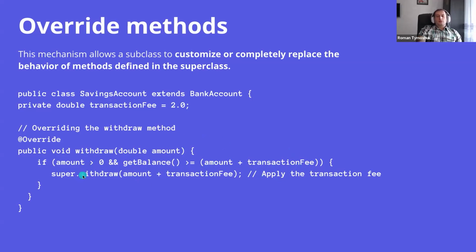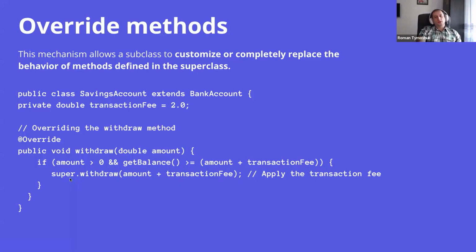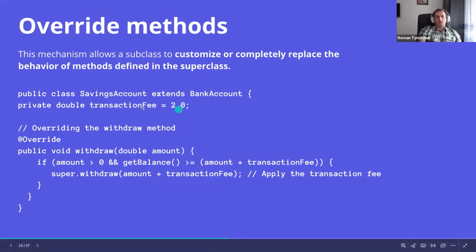But nevertheless, we can reuse the logic from the parent class. Here, we are validating in a different way, and we are calling the super method. The super method actually points to the implementation of the withdraw method from the parent class. And again, here we are reusing the same logic by applying an additional transaction fee. So again, I think it's clear.